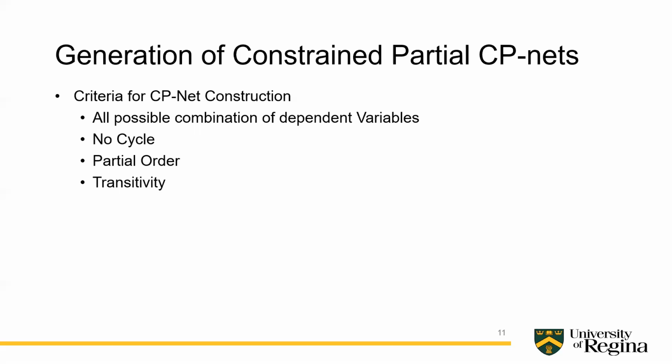First, there are all possible combinations of dependent variables. If C is dependent on A and B, we need to make sure that for all combinations of values of A and B, there is a preference order for C. The order can be partial, but there should be a preference order.